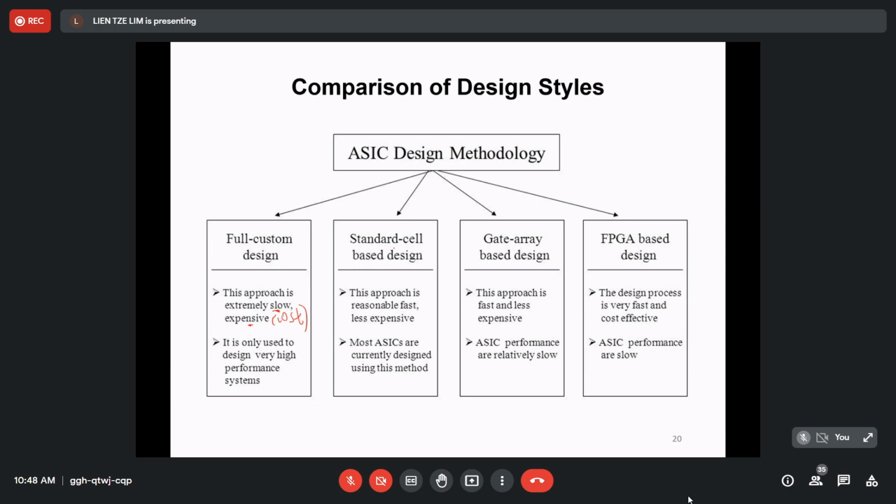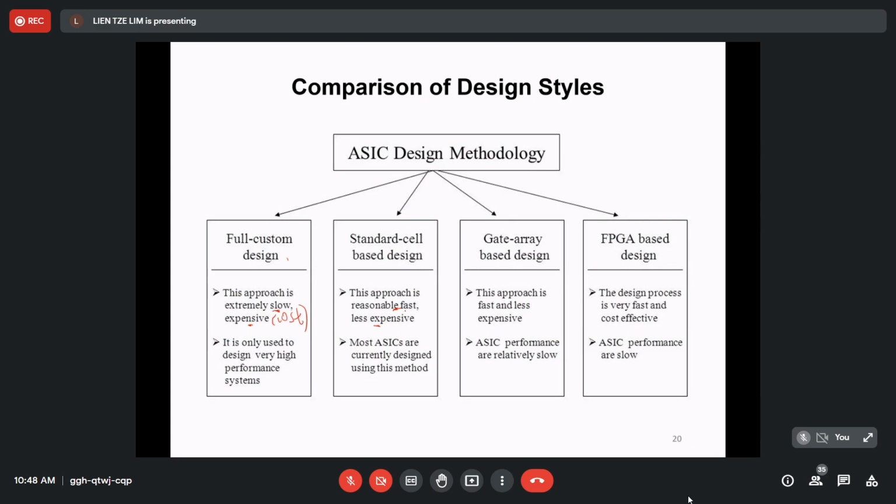And then standard cell-based design. This approach is reasonably fast and less expensive, when we compare it with full custom design. If we compare it with gate array based design, of course, standard cell based design is slower.